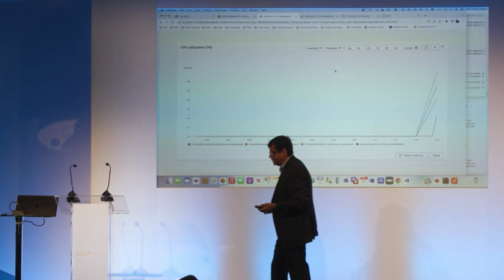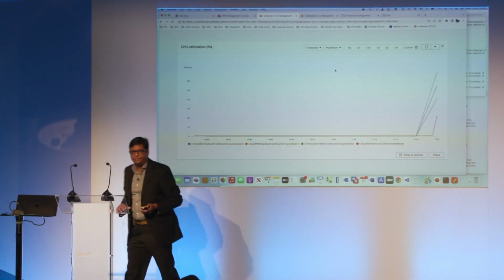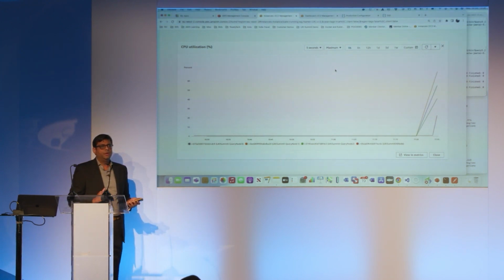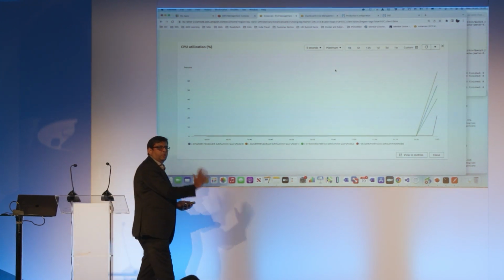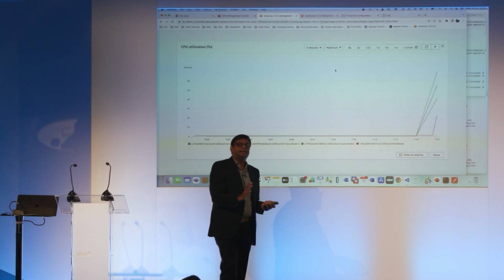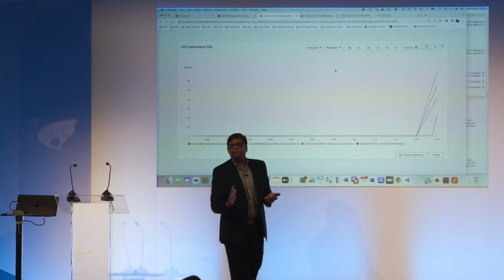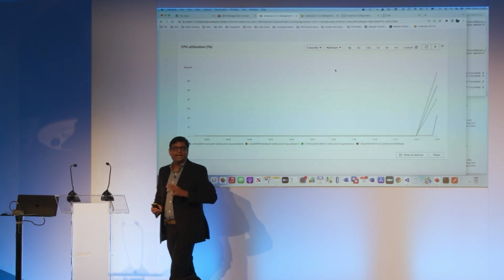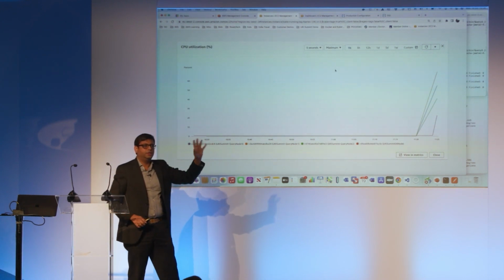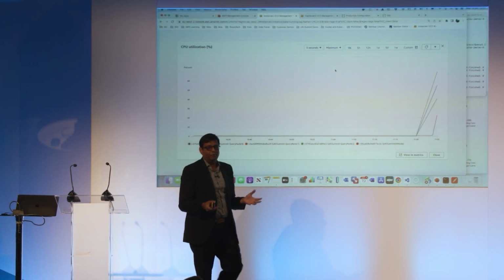Around 1 million messages per second, we were using roughly 40 to 50% of the CPU. But on each of the ECP nodes, we were hitting roughly 60 to 70 or 80% of CPU, which means we are maxing out CPU on the query nodes, and that's exactly what we need.